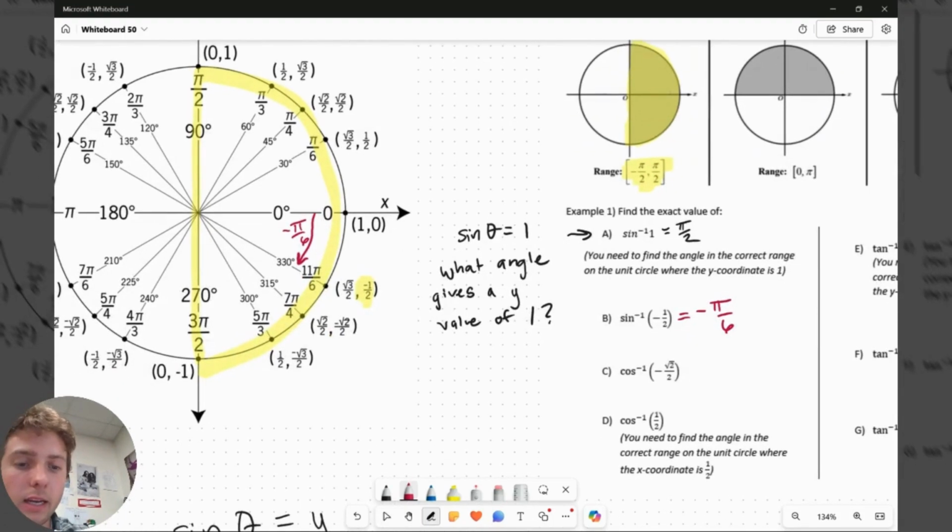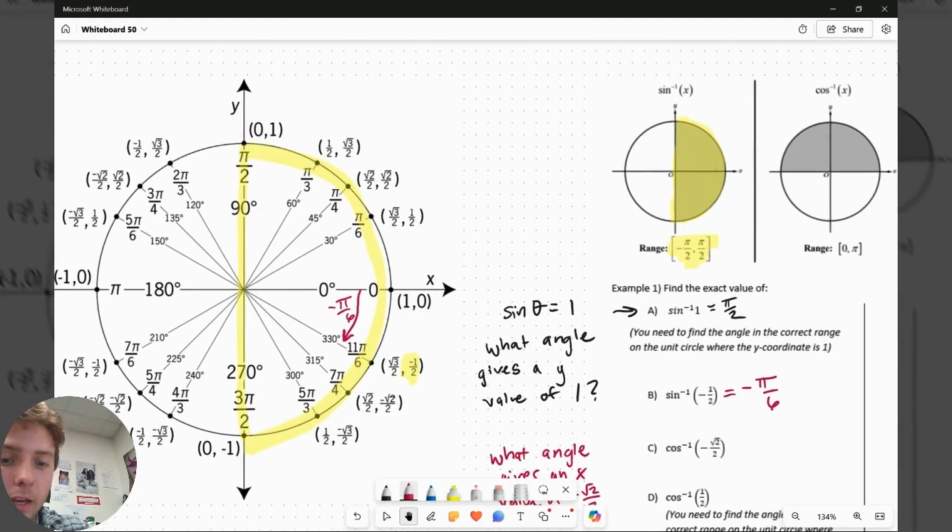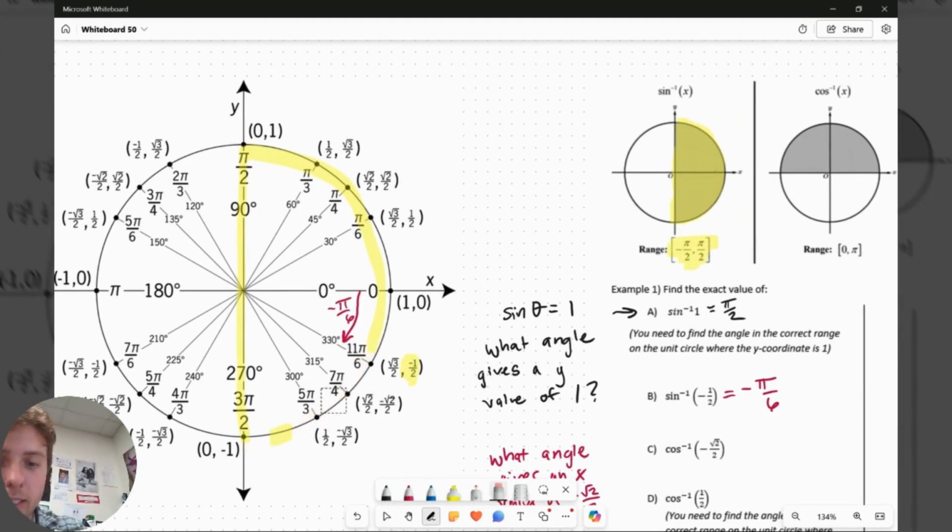Let's look at C. C says cosine now. So now I'm asking myself, what angle gives an x value, right? This is cosine now. An x value of negative root 2 over 2. Notice cosine, we restrict it differently.